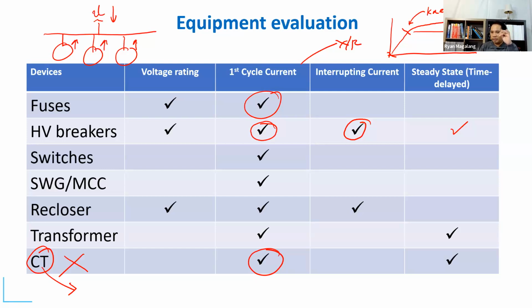The three-phase is normally the highest, with some rare exception if the fault happens to be near the terminal of a delta-wye transformer. Depending on the construction of the transformer, the single phase can be a little bit higher than the three phase, just a little. That goes back to the symmetrical component calculation, which is not part of our topic here.